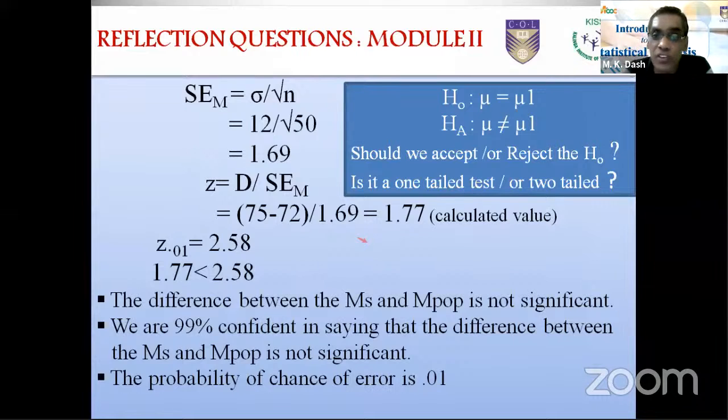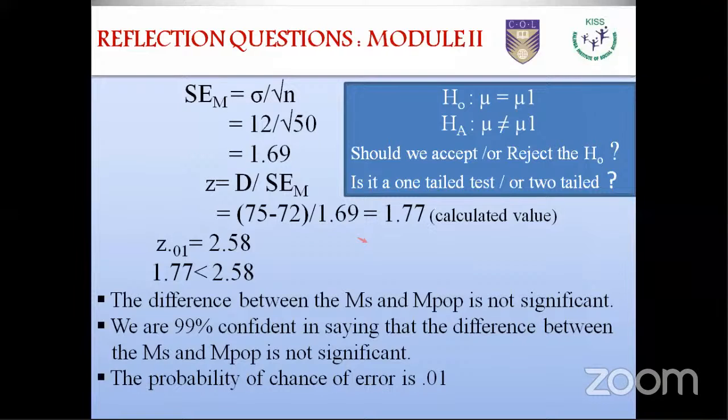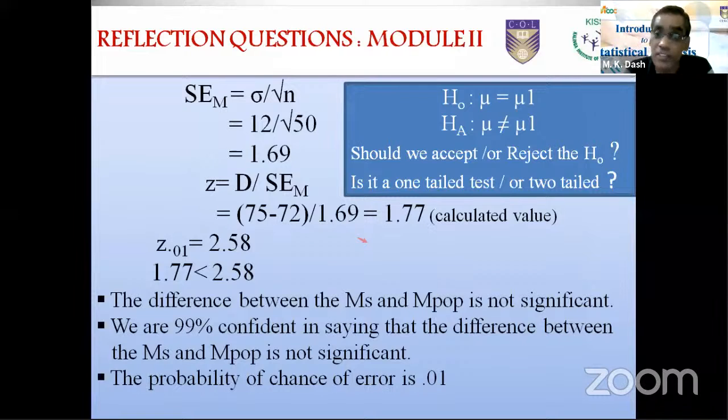The alternate hypothesis does not clearly say which. So it is a two-tailed test. The reason is that in a one-tailed test, the alternative hypothesis will clearly say that the sample mean is greater than the population mean, or the sample mean is less than the population mean.